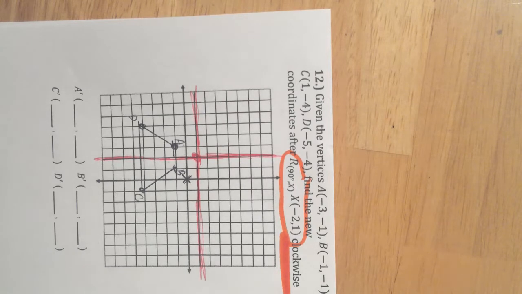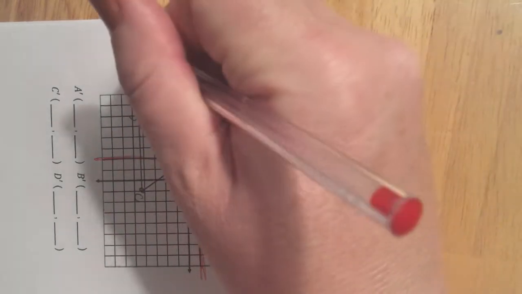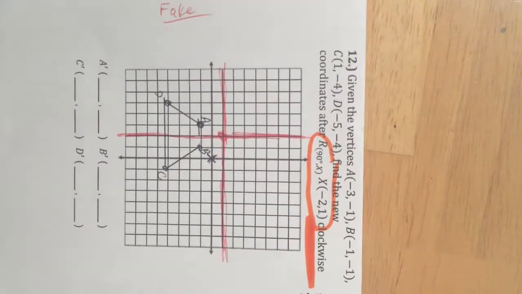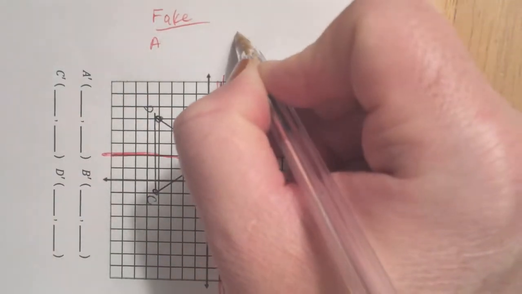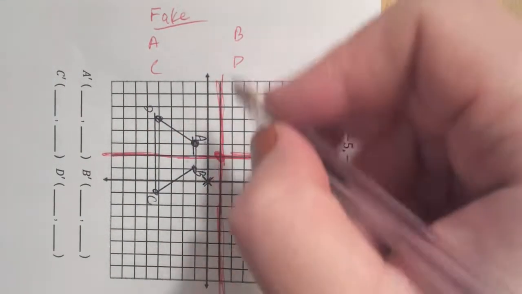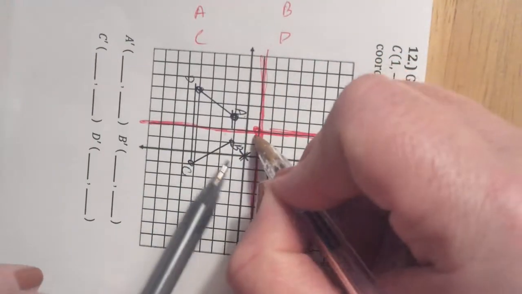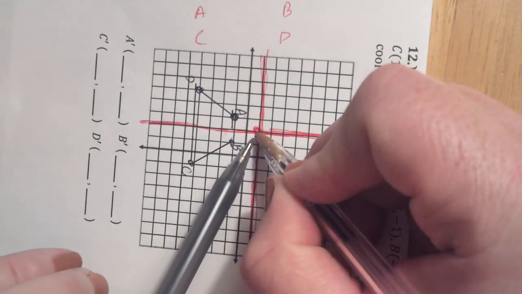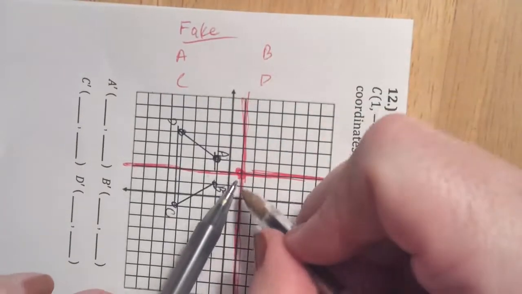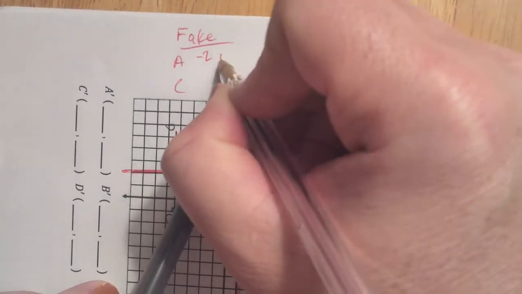Okay, so where are our fake coordinates? Let's go ahead and write our fake coordinates. So these are fake. All right, A, B, C, D. So from our fake 0, 0, A is at negative 2, comma, positive 1.